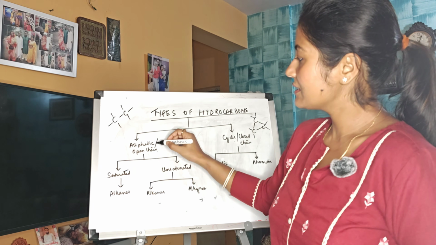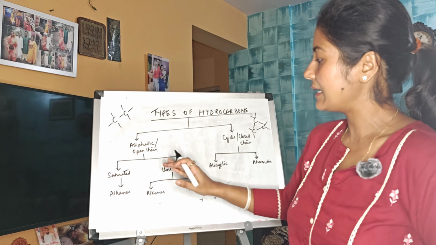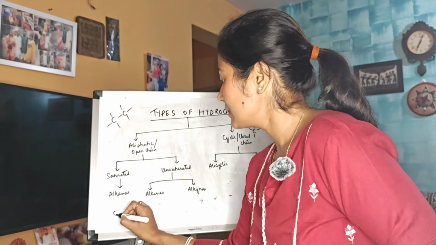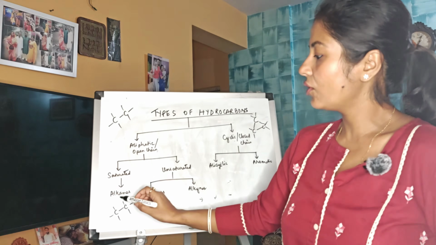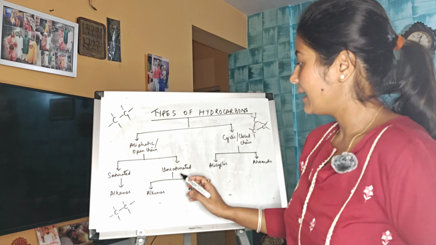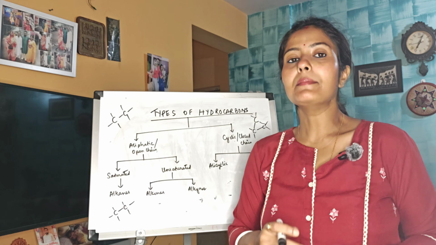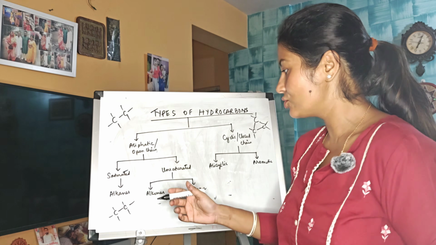Now this aliphatic or open chain hydrocarbon may again be of two types: saturated and unsaturated. Saturated means where the carbon atoms are connected to each other through single bonds. They are called alkanes. And unsaturated means the carbon atoms are connected to each other by multiple bonds. Multiple bonds means it may either be double bond or triple bond.